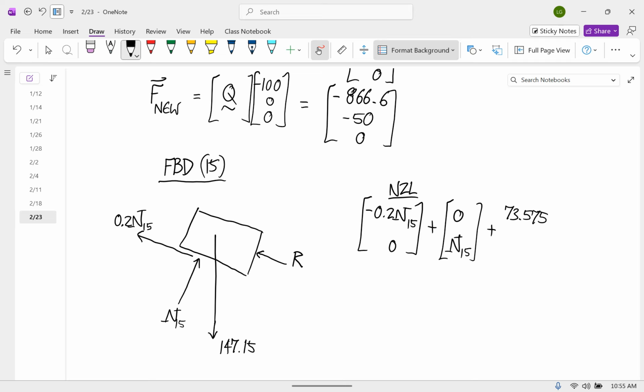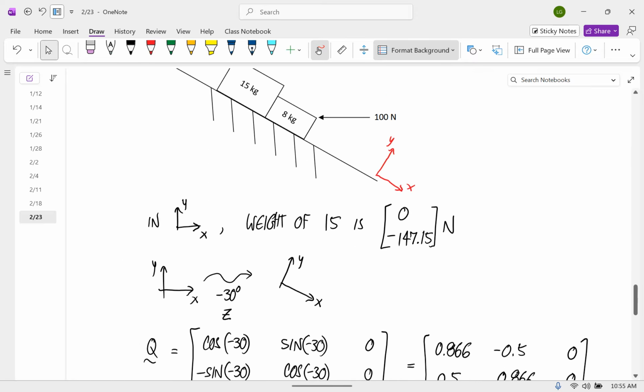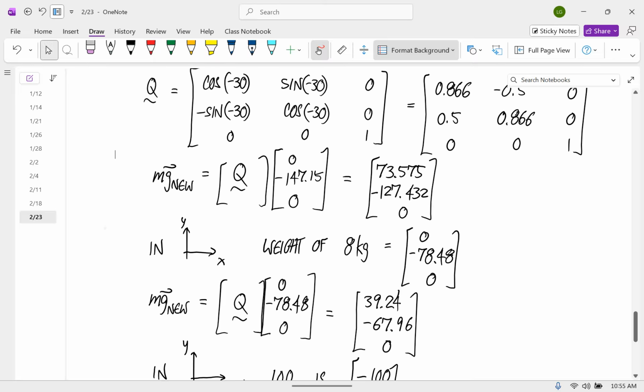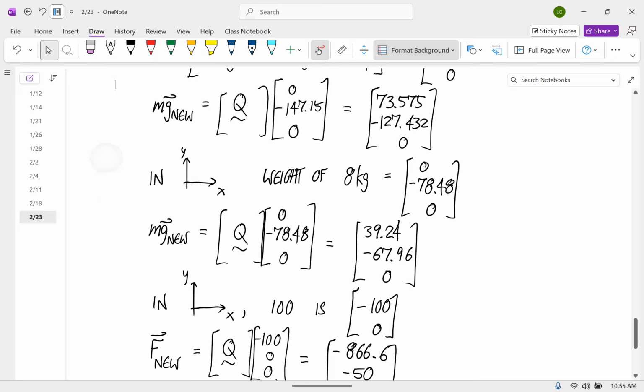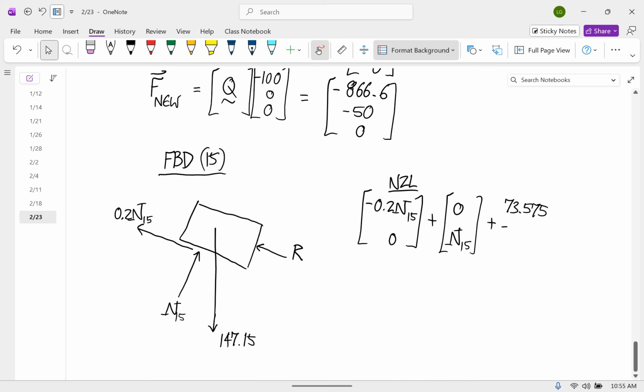Doesn't the weight force, 147.15, right? No, we converted it to the new coordinate system. So instead of having just one horizontal or vertical component, it has two now. 73.575, negative 127.432, and then we have negative R, 0.